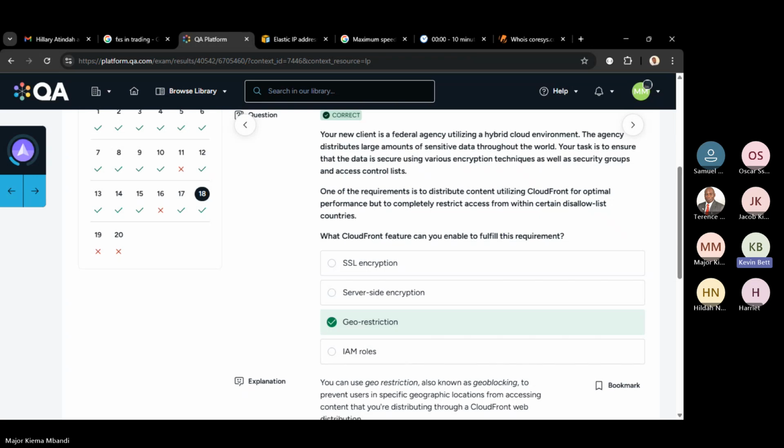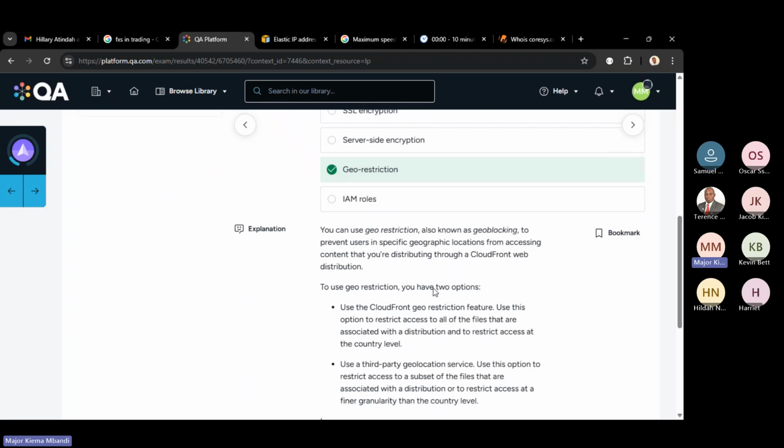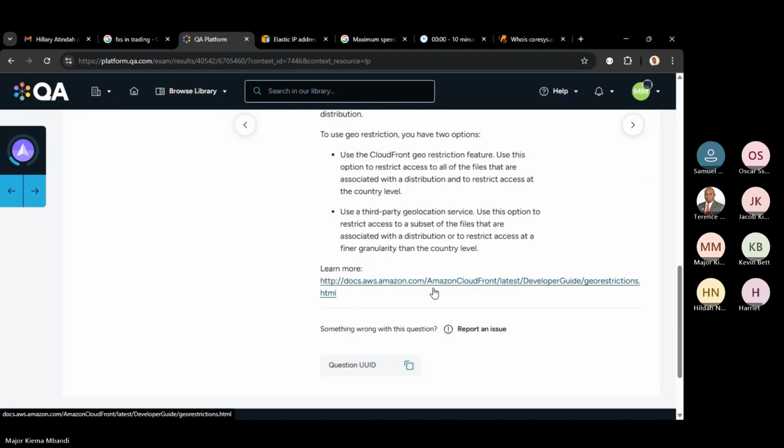The explanation: you can use geo-restriction, also known as geo-blocking, to prevent users in specific geographical locations from accessing content that you distribute through a CloudFront web distribution. To use geo-restriction, you have two options. First option, use the CloudFront geo-restriction feature.